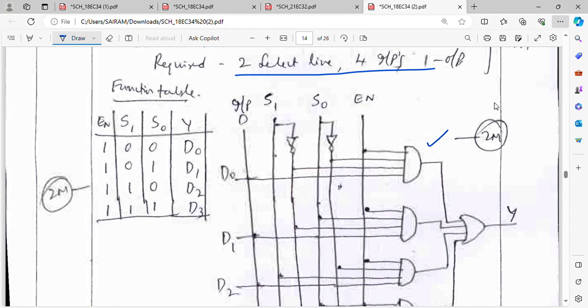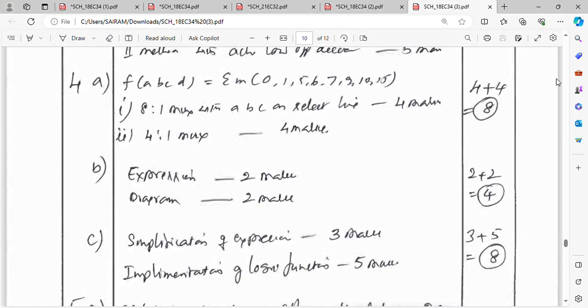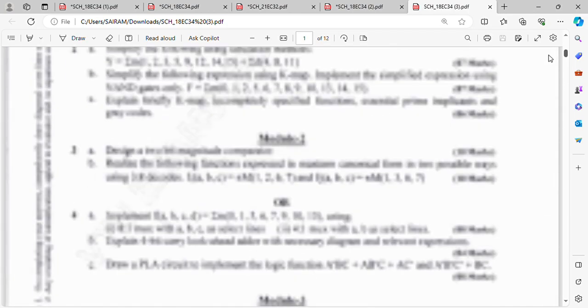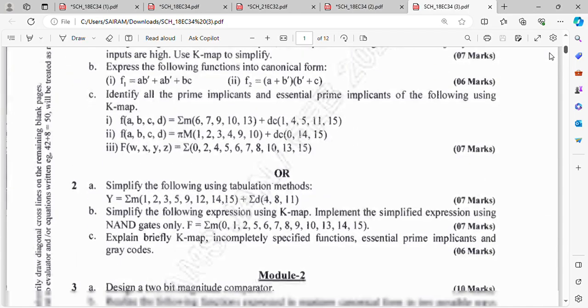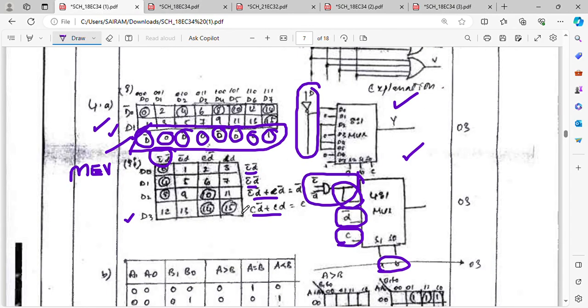And now let me take another question paper. So here you can see that you have to do this. In this question paper, I have taught you this, and I have solved a problem on the same basis. This one, right? I have got it done, so you have to do it the same way.